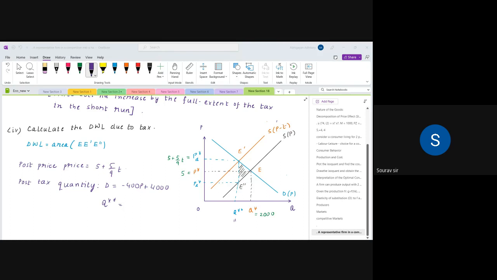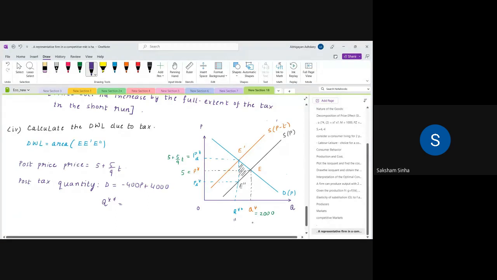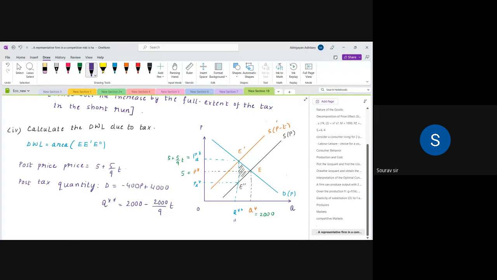Typically, the answer should be like you got for the expression of price, 5 plus something, the pre-tax plus something. So in the case of quantity, it would be 2000 minus something. It wouldn't be the entire thing into T. So it will be 2000 minus 2000/90. Yeah, this looks correct. Anyone else can confirm?